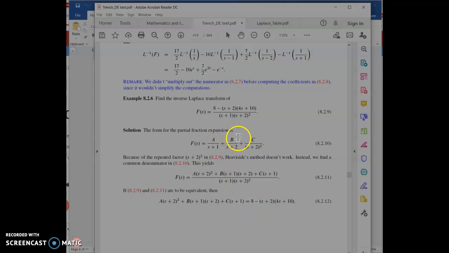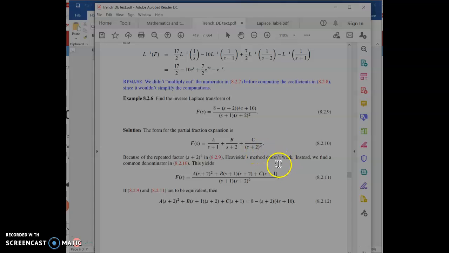So that's why we have two denominators with an s plus 2. The first one is s plus 2, the second one is s plus 2, the quantity squared. In each case, though, the numerator is still a constant. We would not need to have a bs plus c or something like that. Just a constant over s plus 2 and another constant over s plus 2 squared.